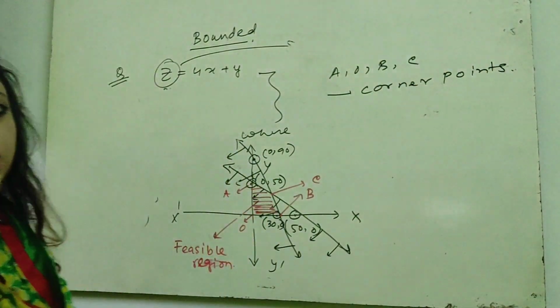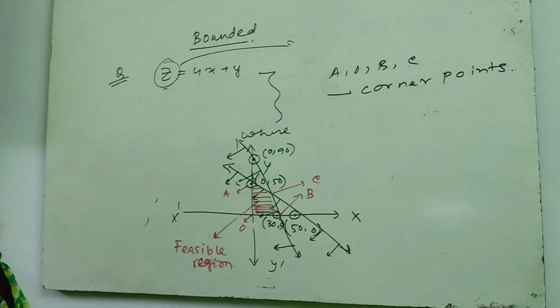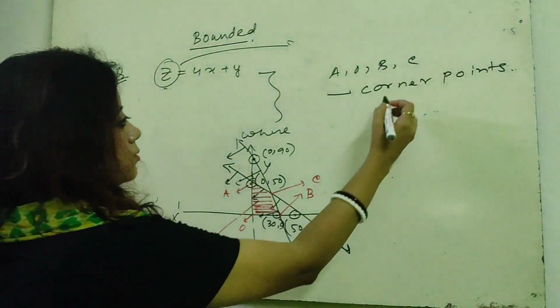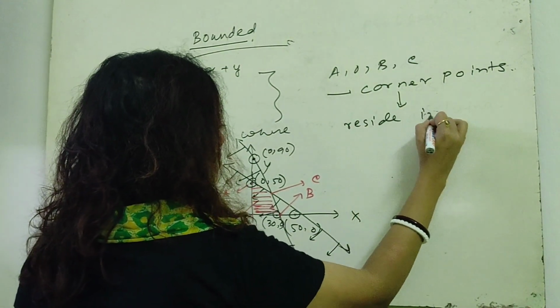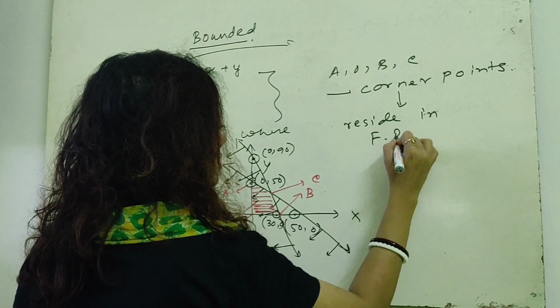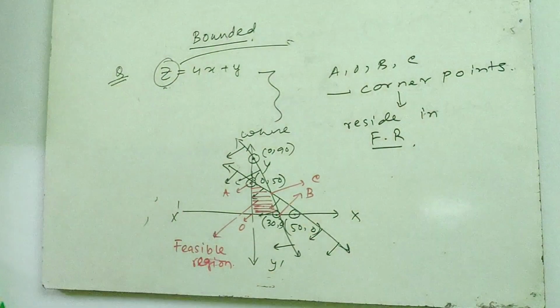The corner points will always reside in the feasible region.